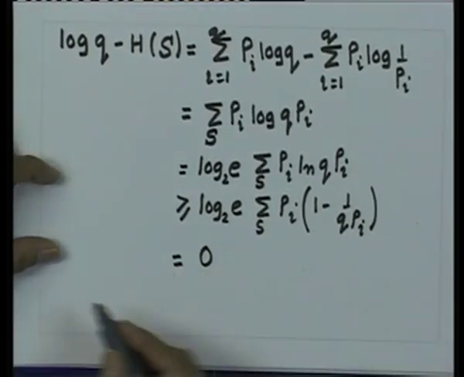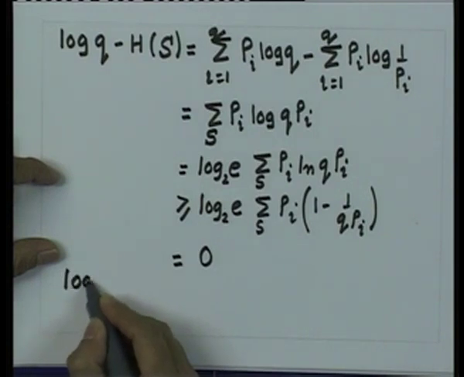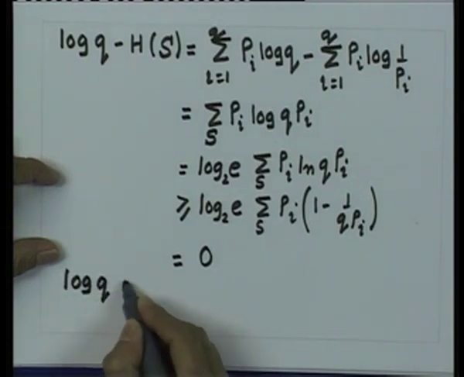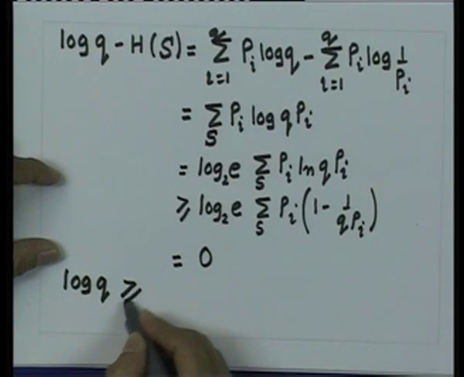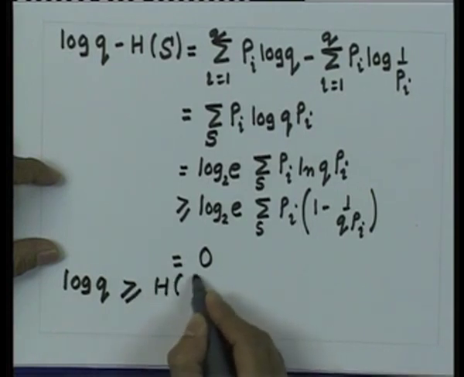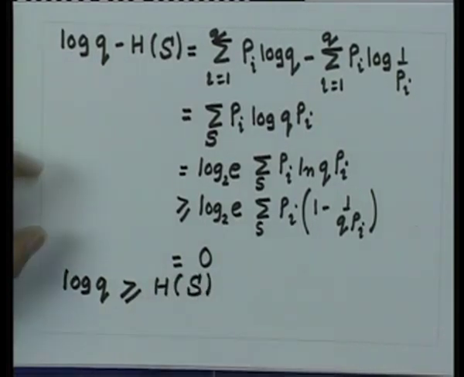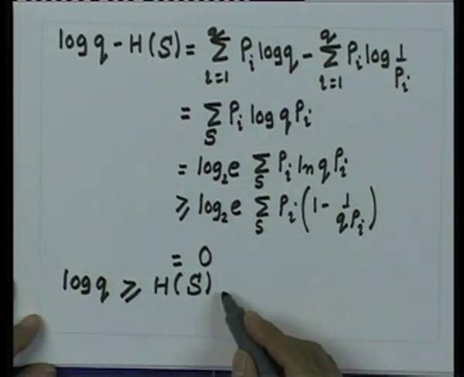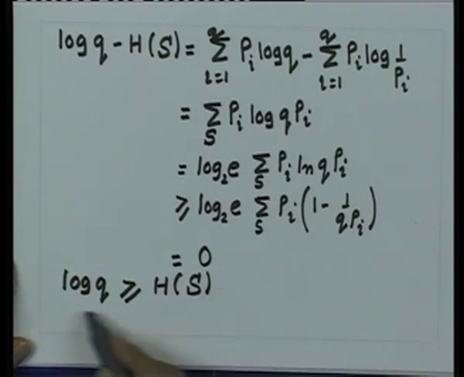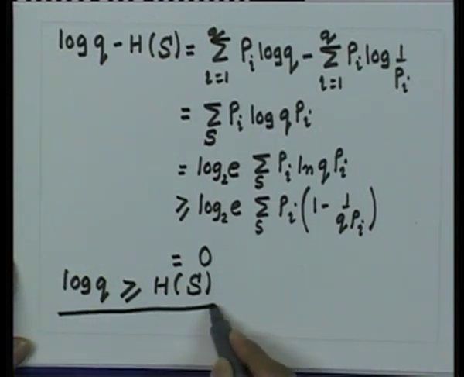So, from this I get the relationship log of q is greater than or equal to H(S). A very important relationship which we have derived. The first important relationship which we have derived in information theory is this.